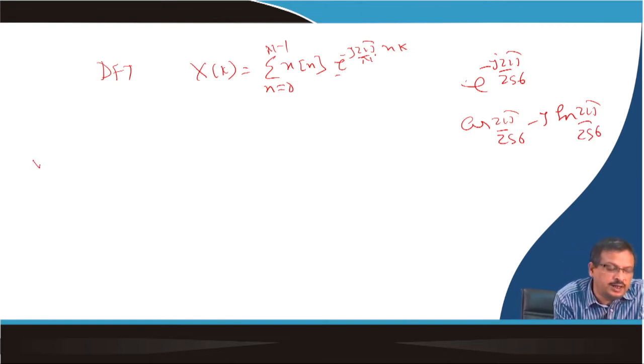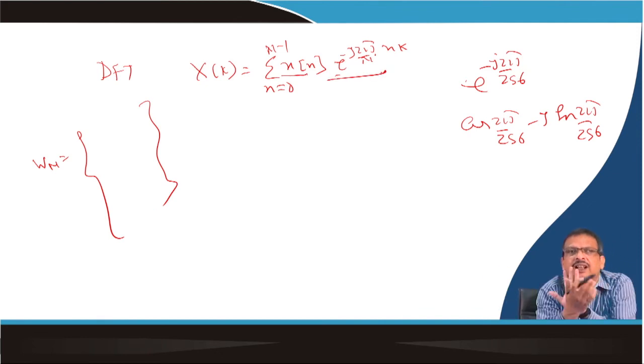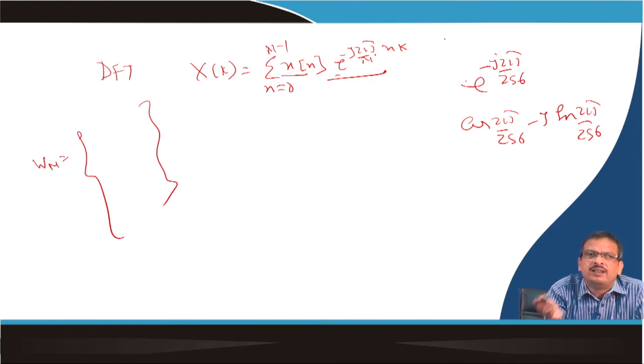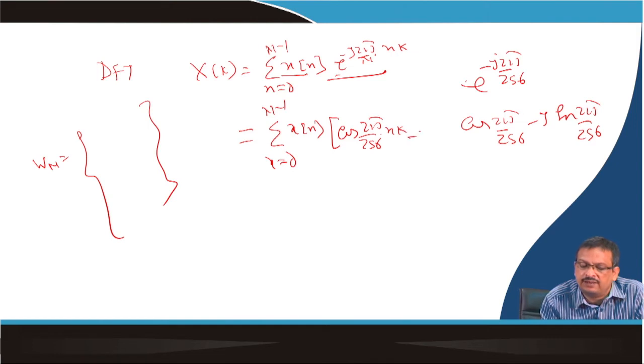So I can calculate this Wn matrix and store it in a file. Now I simply multiply x of n with those values, write a for loop, multiply and add them, or you can do it directly. Mathematically, it is the sum from n equal to 0 to N minus 1 of x of n into cos 2 pi by 256 into nk minus j sin 2 pi by 256 nk.